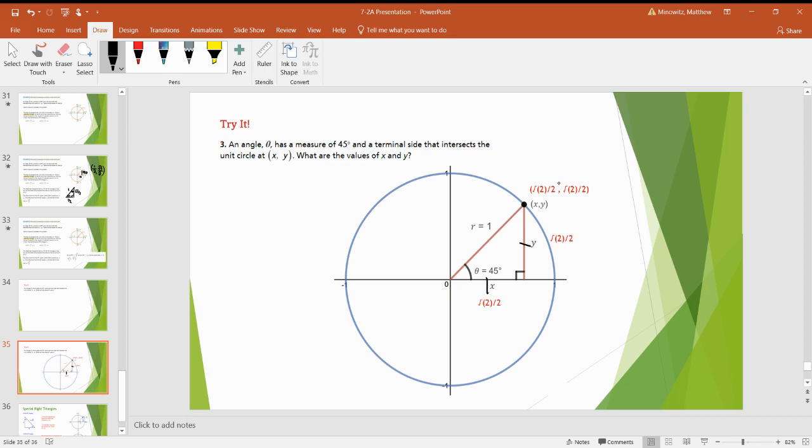So in this case, both coordinates are the same. And the sine of 45 and the cosine of 45 are both square root of 2/2. And those will help us figure out more points on the unit circle.